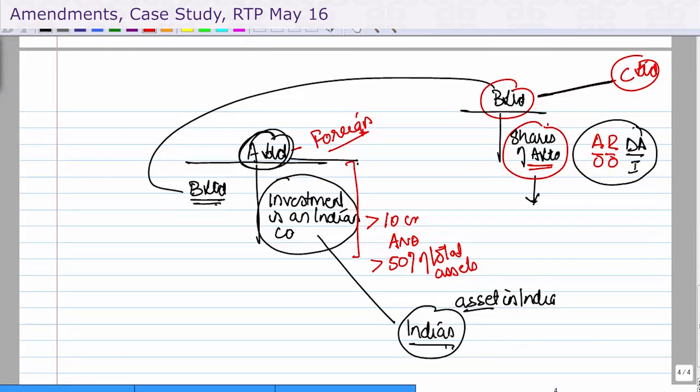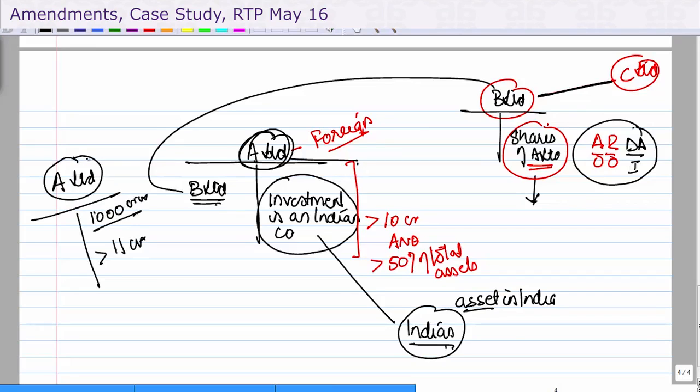Which now means that if A Limited, let's say, owns assets in India worth 11 crores, but its overall assets are 1000 crore, then we cannot say that shares of A Limited substantially derive the value from assets in India, even if it exceeds 10 crore, because the word is and.